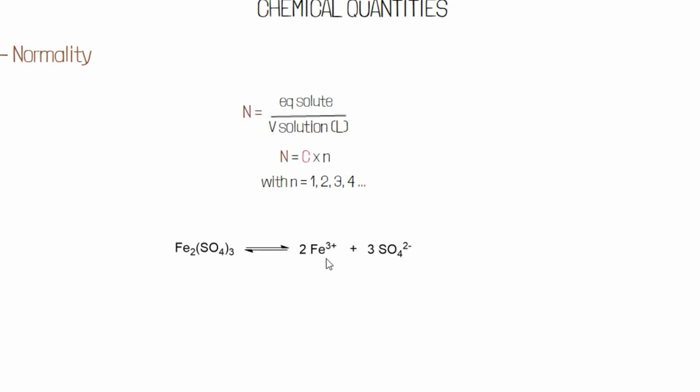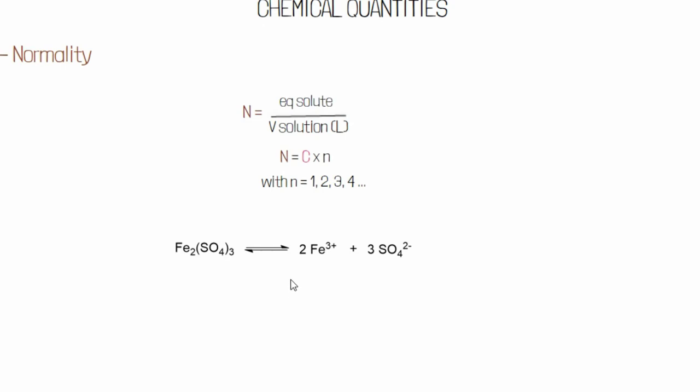So what is the total charge number? The total charge number is 6, because we have 2 irons which are charged 3 times, so 3 times 2 is 6. So we have 6 plus and then we also have 6 minus, because 2 times 3 is 6 again.